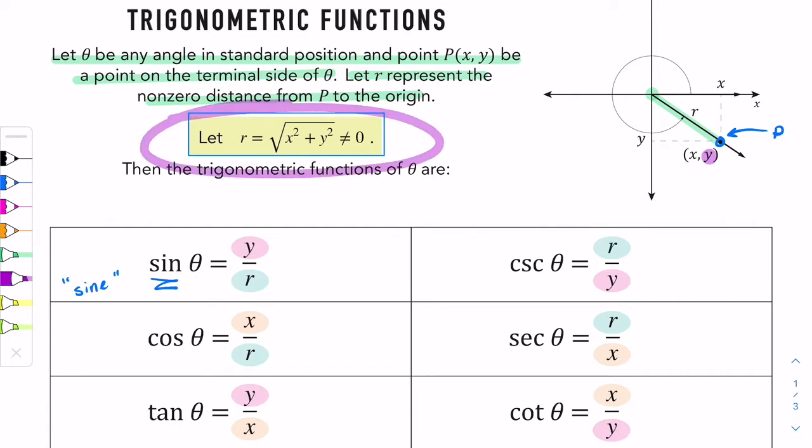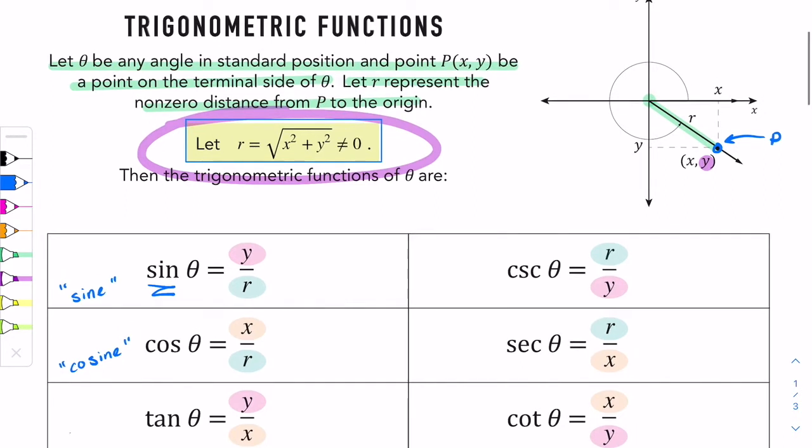Next, we have our cosine value, which is the x value of the point P, divided by r. This is pronounced as cosine. Next, we have tangent of theta, which is equal to the y value divided by the x value.